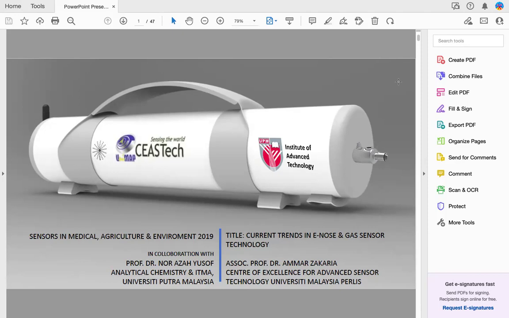We have learned about electrochemical and optical. ENOS can be optical as well as electrochemical. This is one that we have developed together with Otama. It's still very big; it should be smaller.